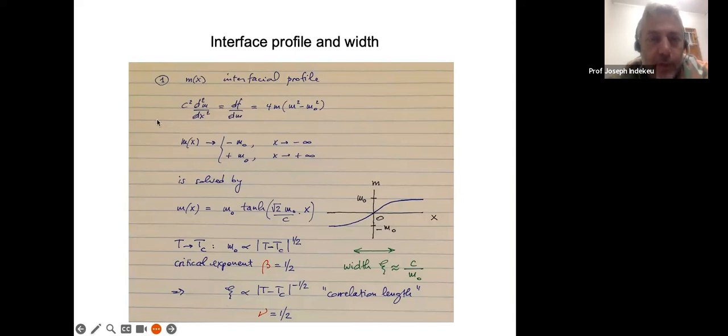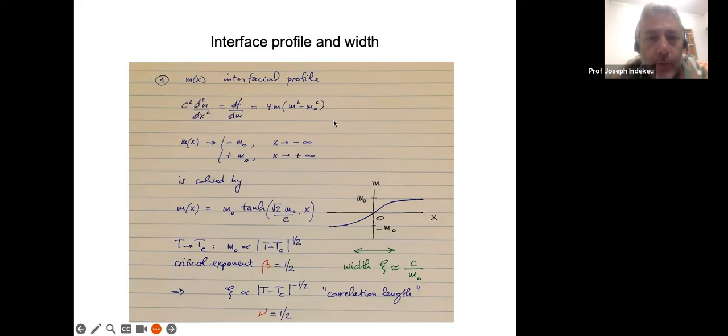So the differential equation is basically mass times acceleration is equal to the force. And the force is this df/dm. And this derivative is just this expression here, this cubic form.